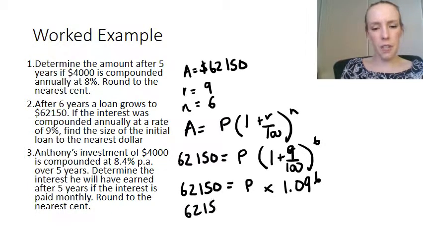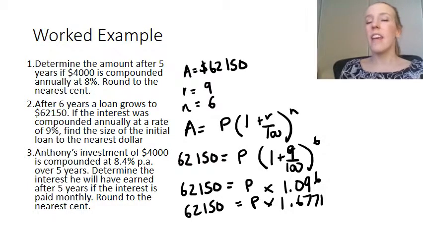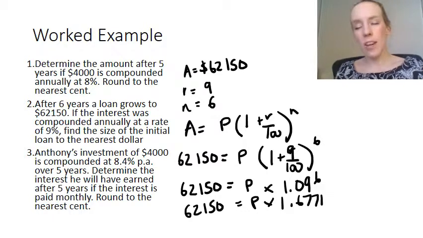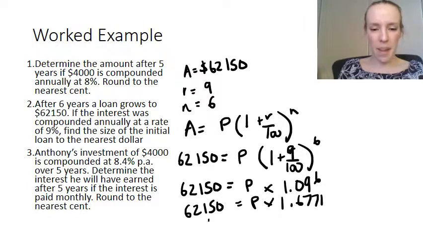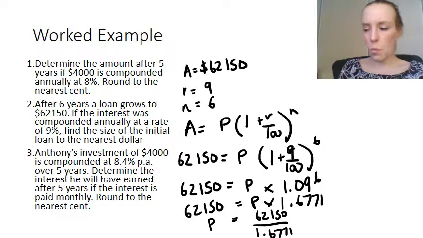So 62150 equals P times 1.6771. I've rounded it there. In your calculator, don't actually round, just keep going with your answer. I've just rounded here so you can see the steps involved. Then to work out our P value, it's going to be 62150 divided by 1.6771, and that will give us an answer.